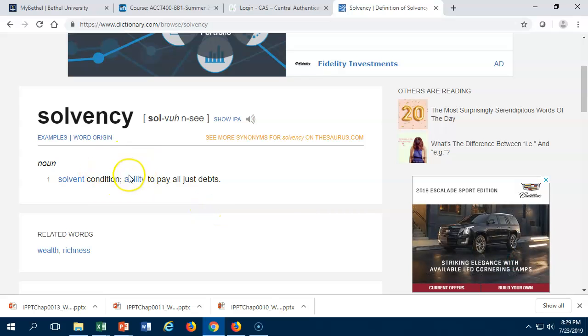The definition I looked up is the ability to pay all just debts. So another word to think of is liquid, cash. Solvency and cash go together.